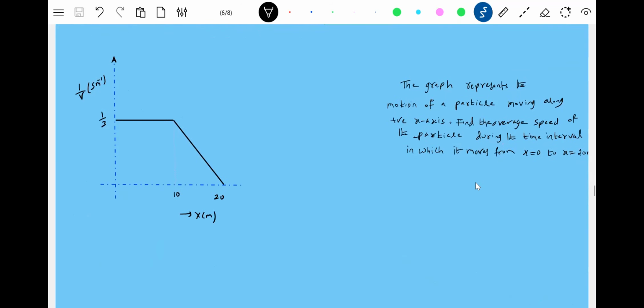The last one. 1 by v versus 1 by f. The graph represents motion of particle moving along the positive x axis. Find the average speed of the particle during the time interval in which it moves from x equals 0 to x equal to 20 meters. Okay, are you looking at this area?